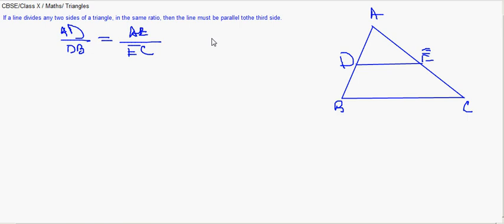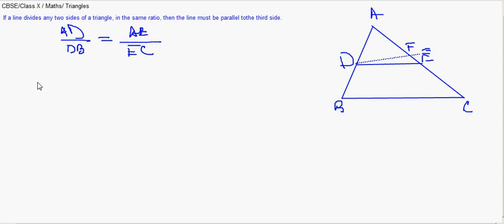Now we have to think that DE is not parallel. That means I draw a line which is not parallel, maybe like this, a little above it, and it's also intersecting at a point which is F. Now we draw DE not parallel to BC. So we are assuming DE is not parallel, so DF is parallel.